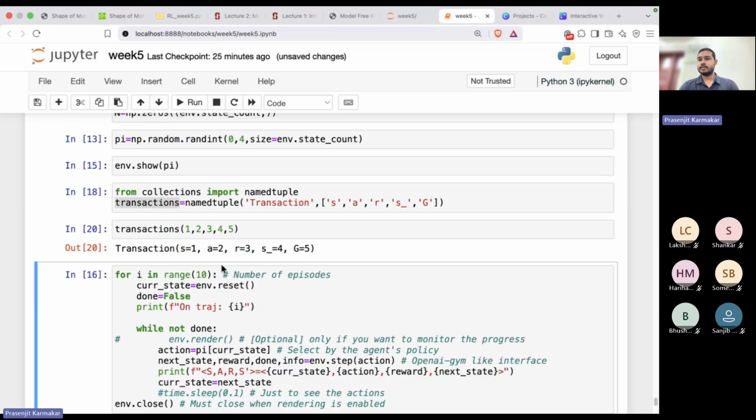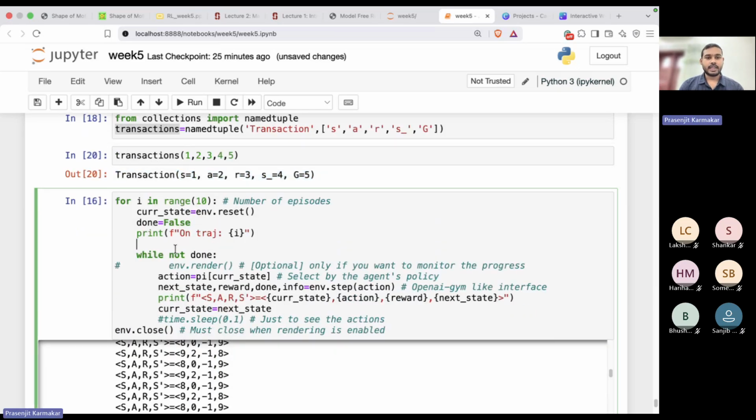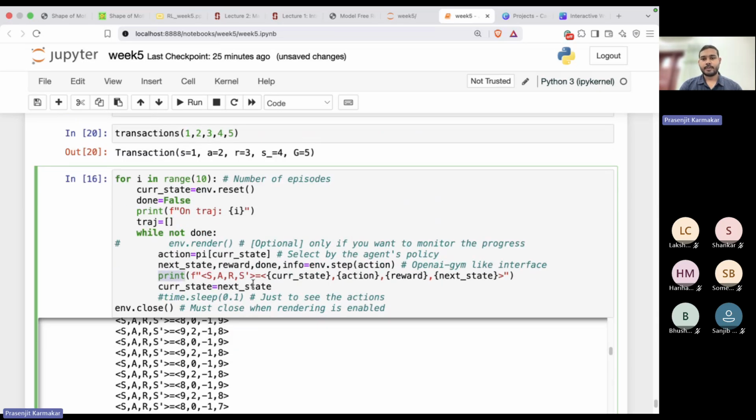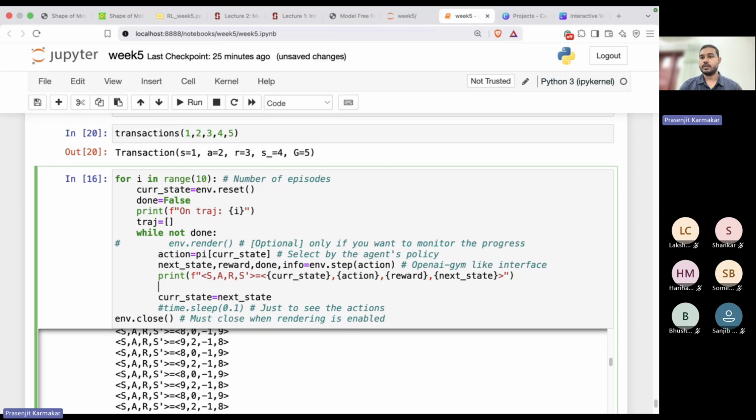It is a data structure we'll be using that tracks all these things. Now we'll track each trajectory. Trajectory is equal to an empty list, and after each transaction, we want to track it in the trajectory. Trajectory dot append transaction, and the same thing, the current state, we'll just copy it out.